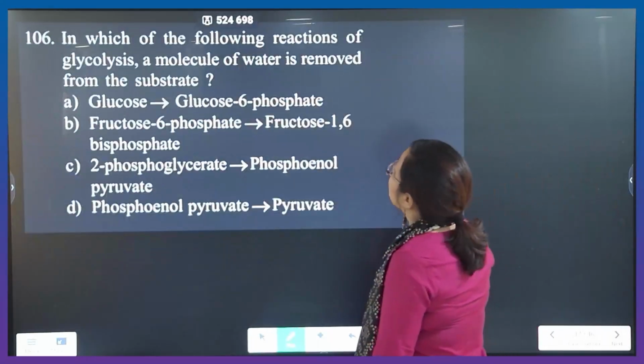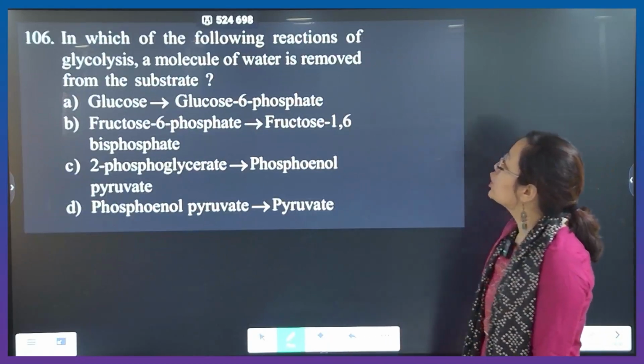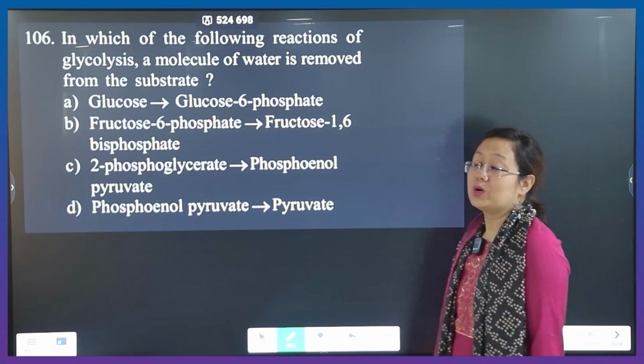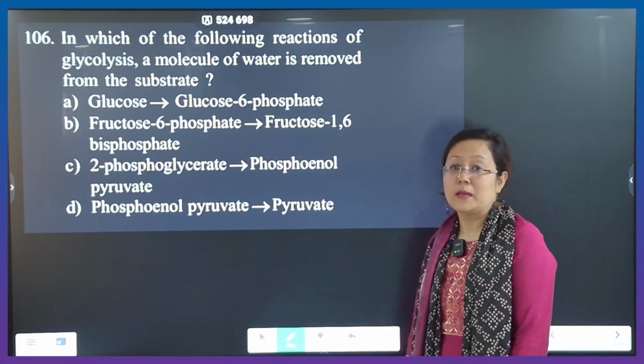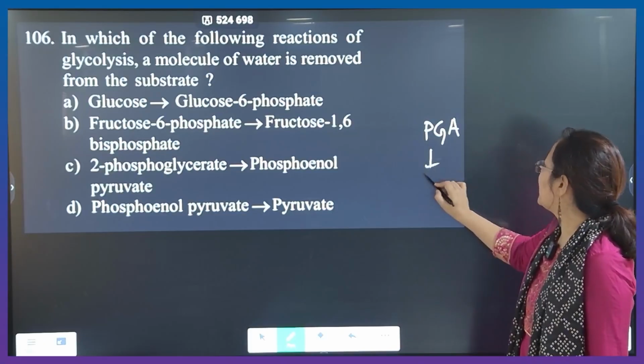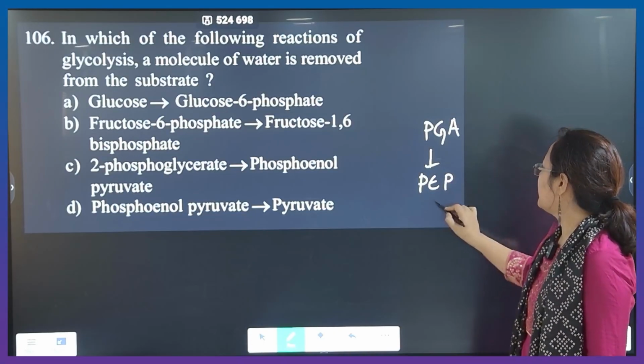In which of the following reactions of glycolysis a molecule of water is removed from the substrate? ये जो होगा ये सेकेंड लास्ट स्टेप होगा. PGA to PEP एक स्टेप है.